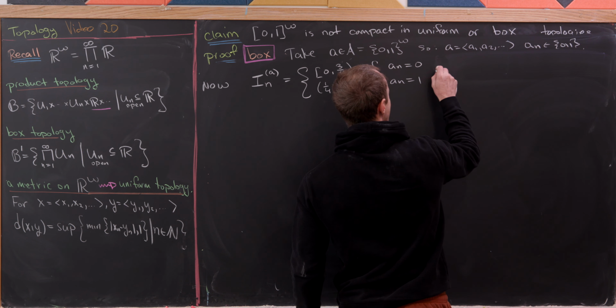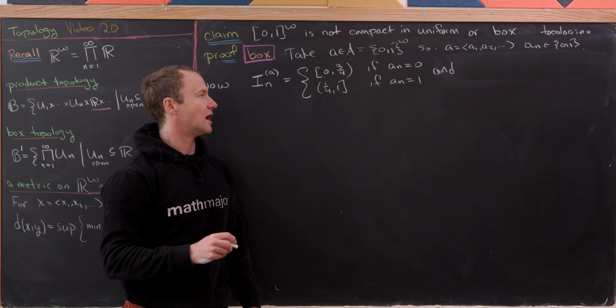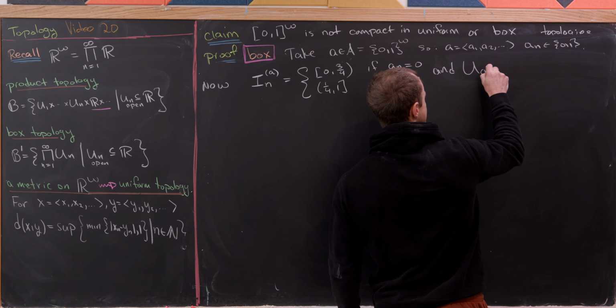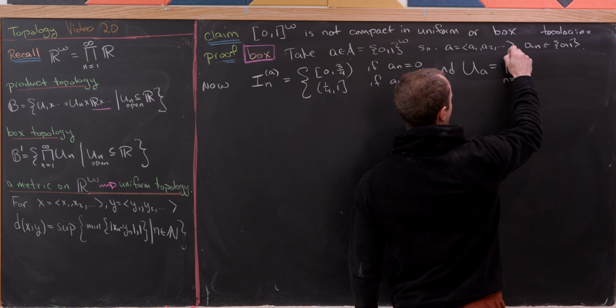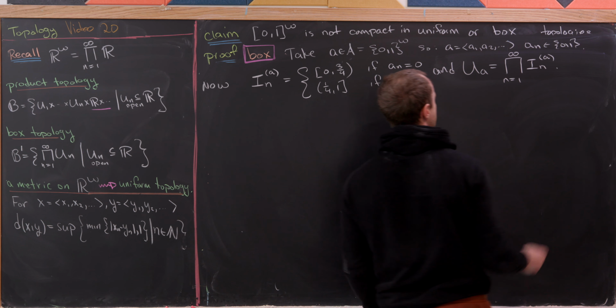And then after that, let's glue this all together into an open set in the box topology. I'll call that open set U sub A, and it's going to be the product as n goes from 1 to infinity of I sub n upper A.